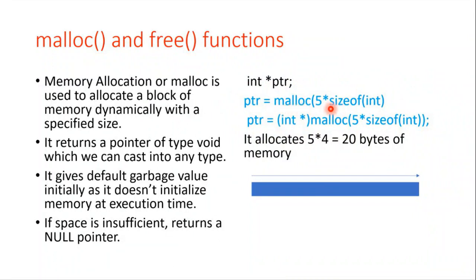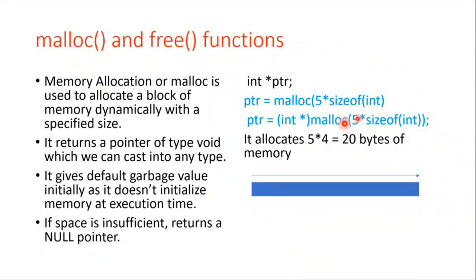Malloc of 5 into sizeof int. In malloc, we have only one parameter. We have to pass into this malloc function 5, which is the number of blocks we want, and sizeof int, which is the size of our data type, int.